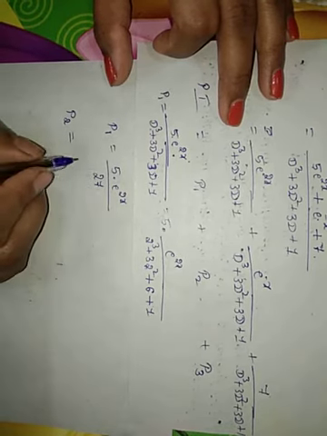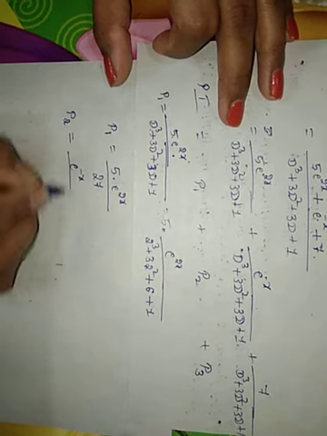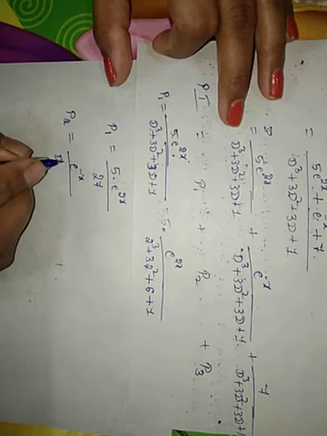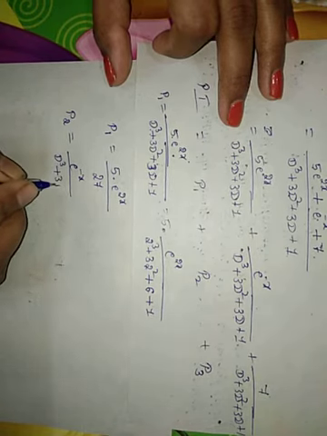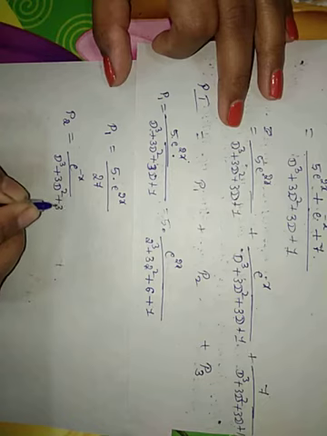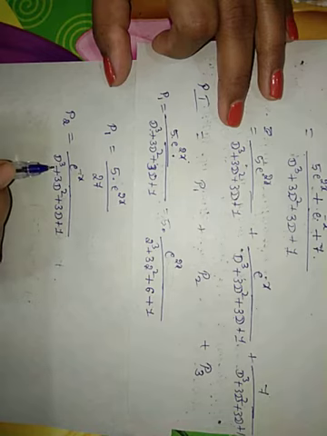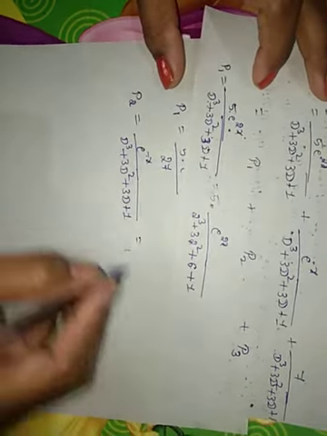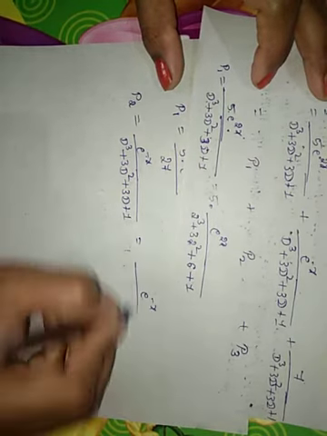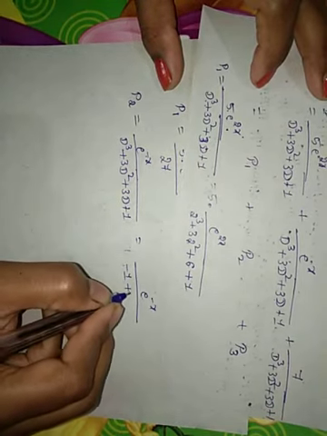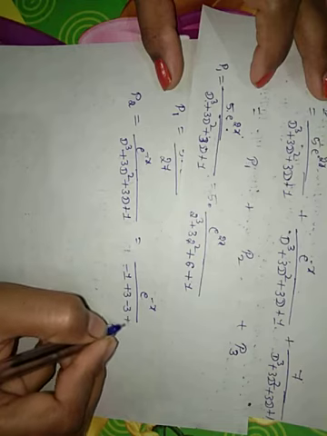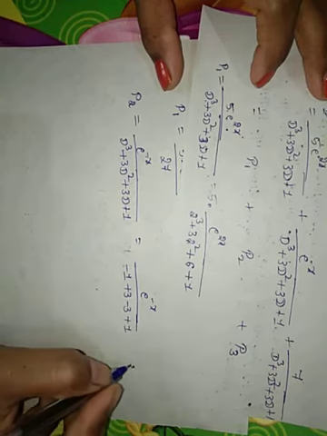P2 is equal to e raised to minus x divided by D cube plus 3D square plus 3D plus 1. The coefficient of x is minus 1. Replace D by minus 1: minus 1 plus 3 minus 3 plus 1.